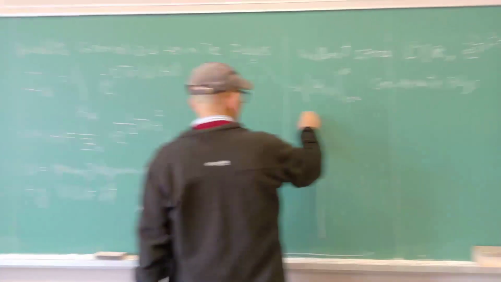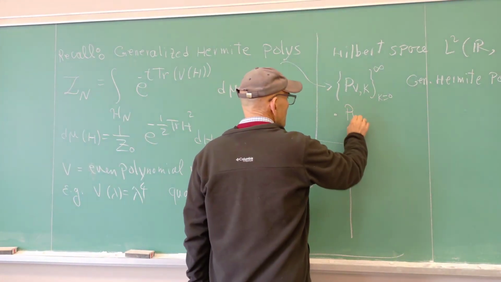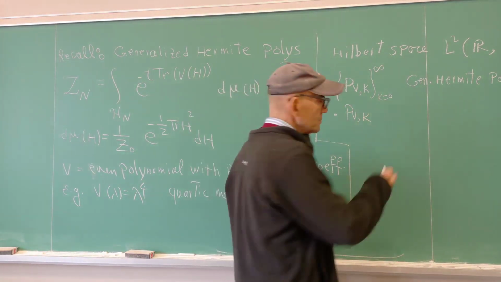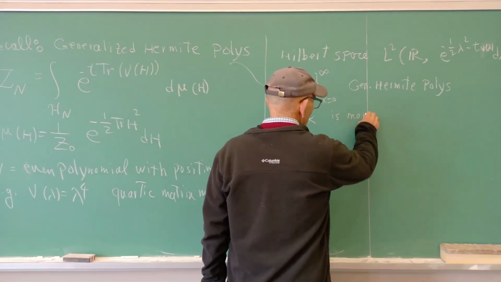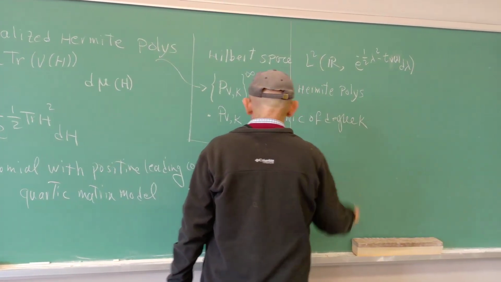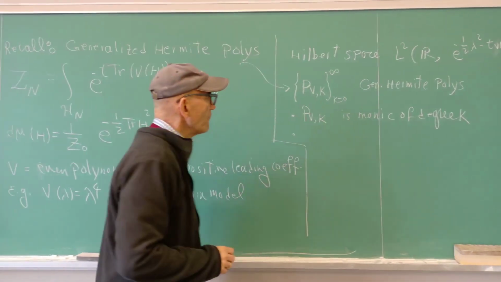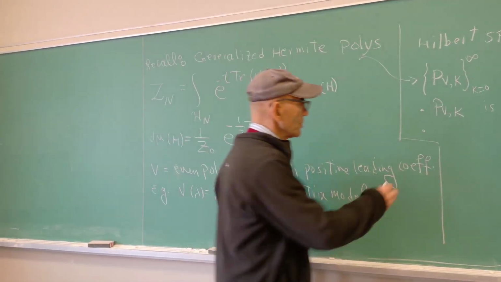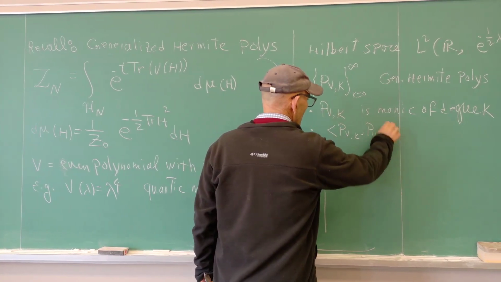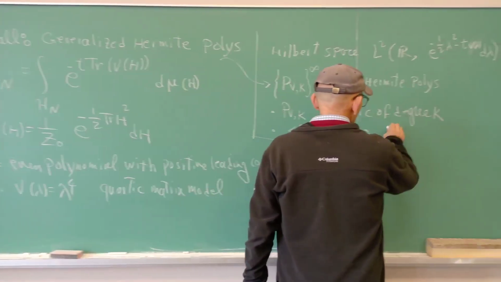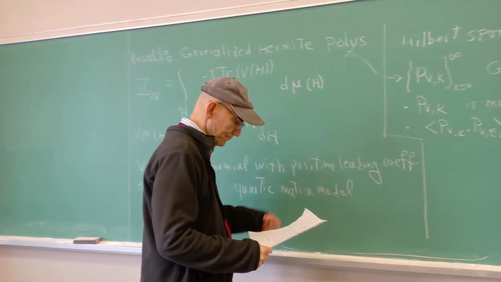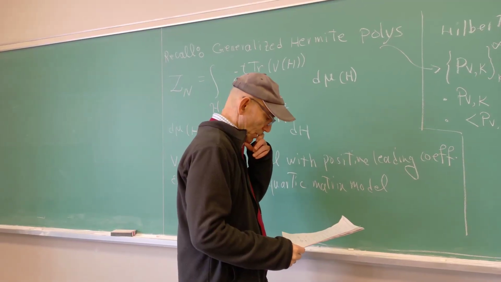They have the following properties: P_{V,k} is a monic polynomial of degree k, and they are orthogonal to each other: the inner product of P_{V,k} and P_{V,l} is equal to 0 if k is not equal to l.